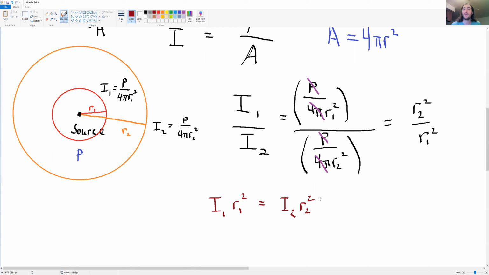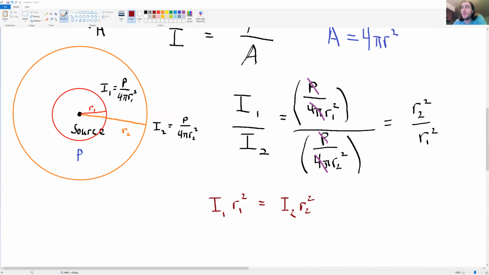So then all I have to do is know one of the intensities and I know the second intensity. Okay, so if we know any of these three quantities, we can figure out the other one, basically, is what I'm saying there. So yeah, that's just a quick overview there of intensities.